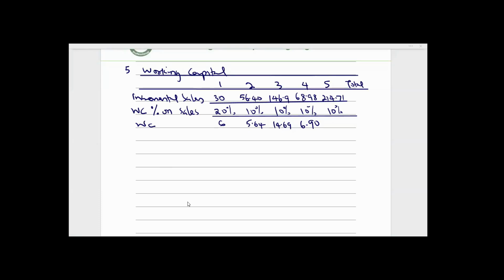That's 6.898. So that's 6.90. Then the year 5, 214.71 multiplied by 0.1. That should be 21.47. All right. So all I need to do is to add up all the working capital together. These are the working capitals.